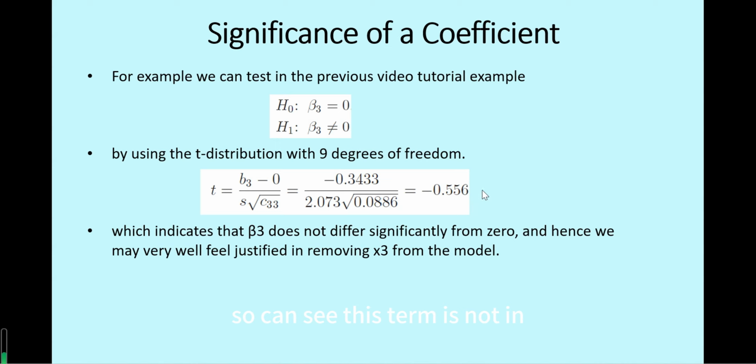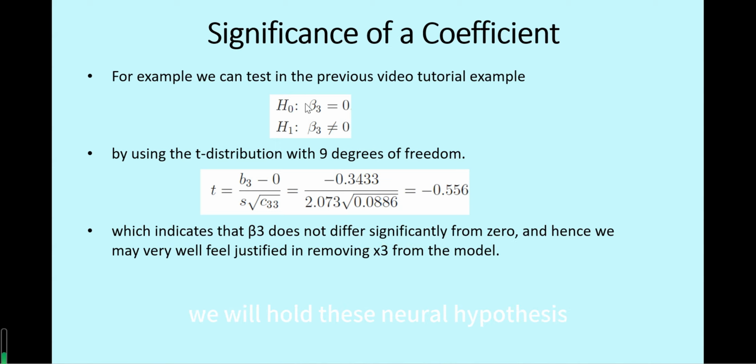You can see this value is not in the critical region, because the critical region is about less than minus 2 or larger than 2. But this value is between these two critical values, so it is not significant. This indicates beta 3 does not differ significantly from 0.